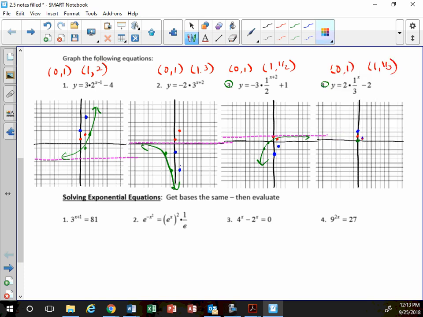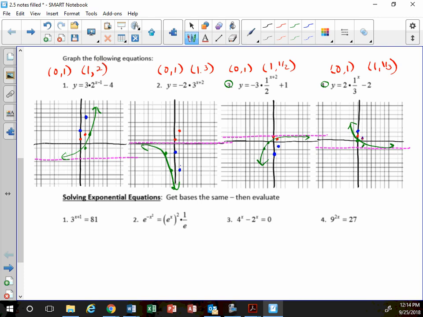Down 2. And what about my asymptote? Yeah, y equals -2. And then I can sketch the shape. Okay? Yes?